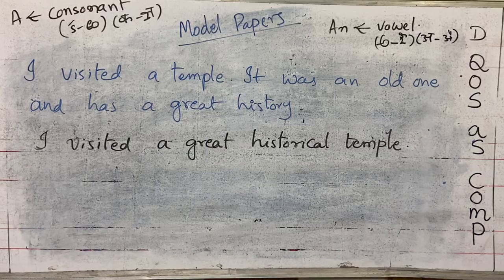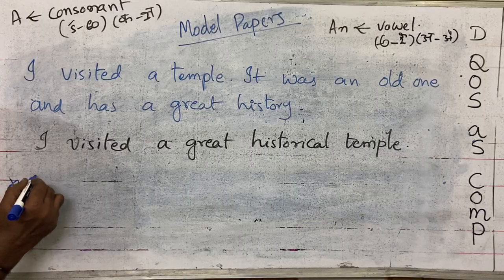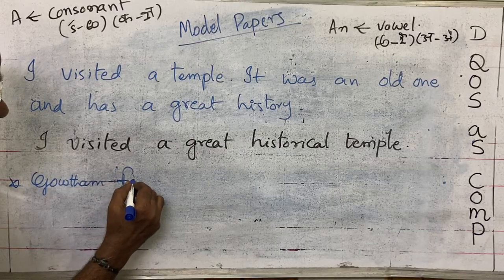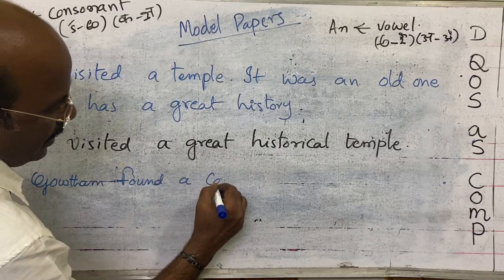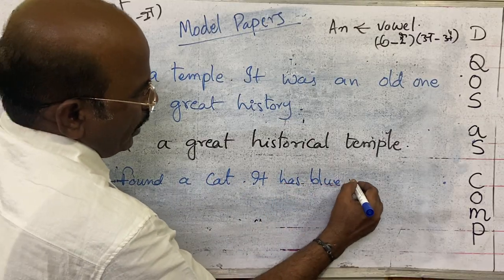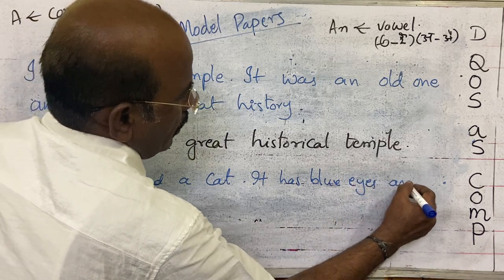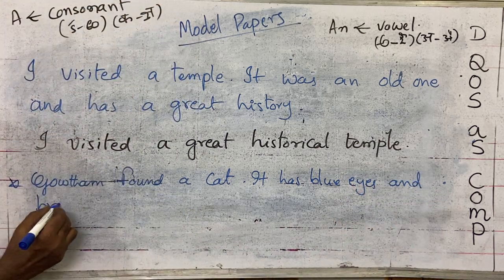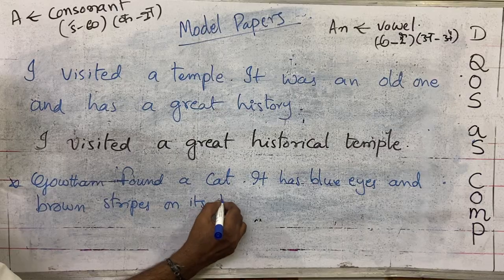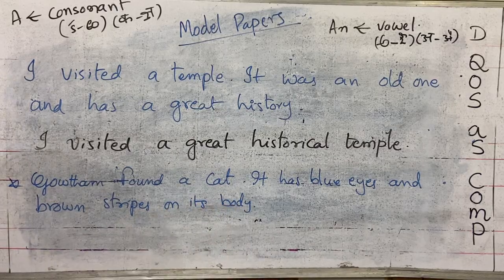Gautam found a cat. It has blue eyes and brown stripes on its body. He found a cat.